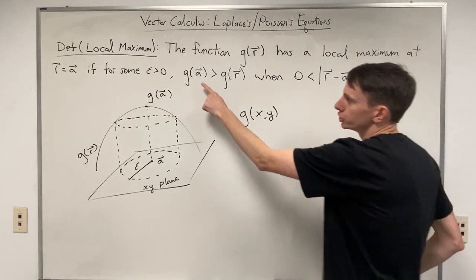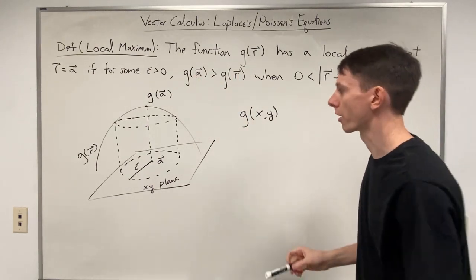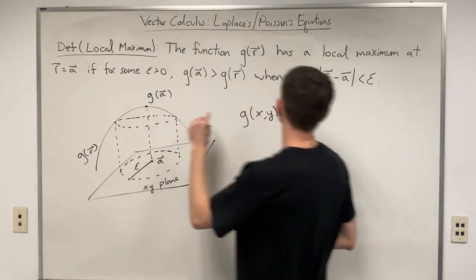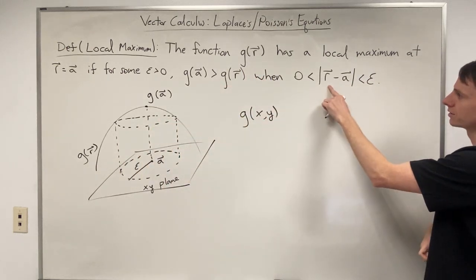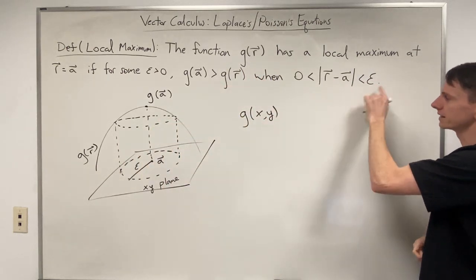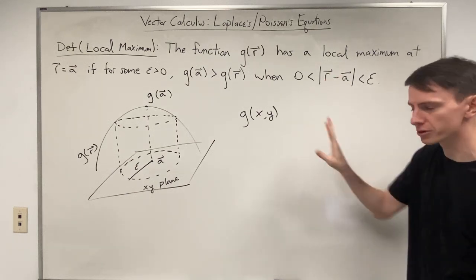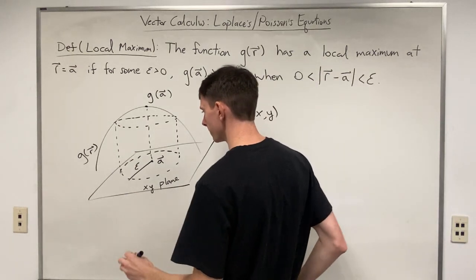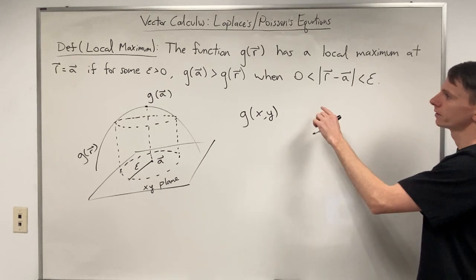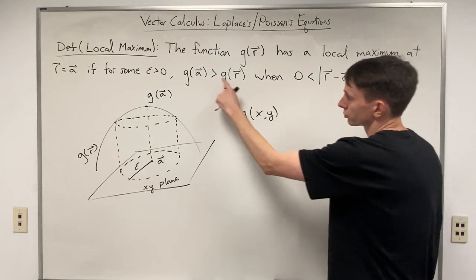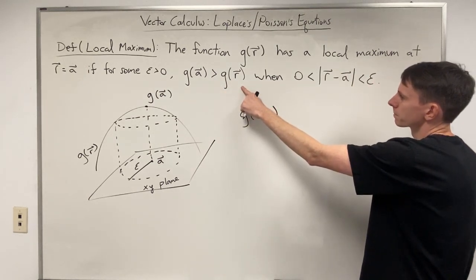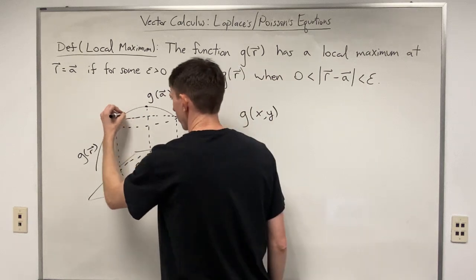Now it's saying that g of a is greater than g of r for any value of r, as long as the distance between r and a is less than epsilon. So there's a lot of stuff going on there, but let's try to understand it, okay? Basically, they're saying g of a is greater than g of r. So let me put another point right here.